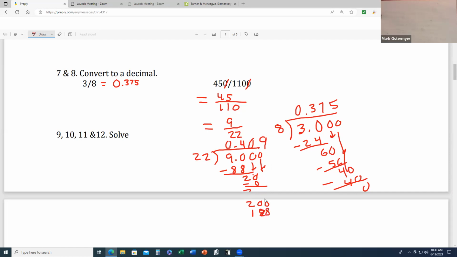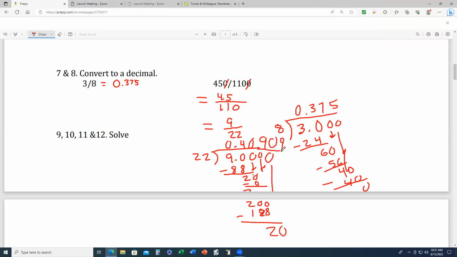What's 200 minus 198? 2. Yes. Drop a 0 down. This looks awfully familiar. Isn't that 20 again? This is going to repeat, isn't it? Yes. All right, that's a repeating decimal.